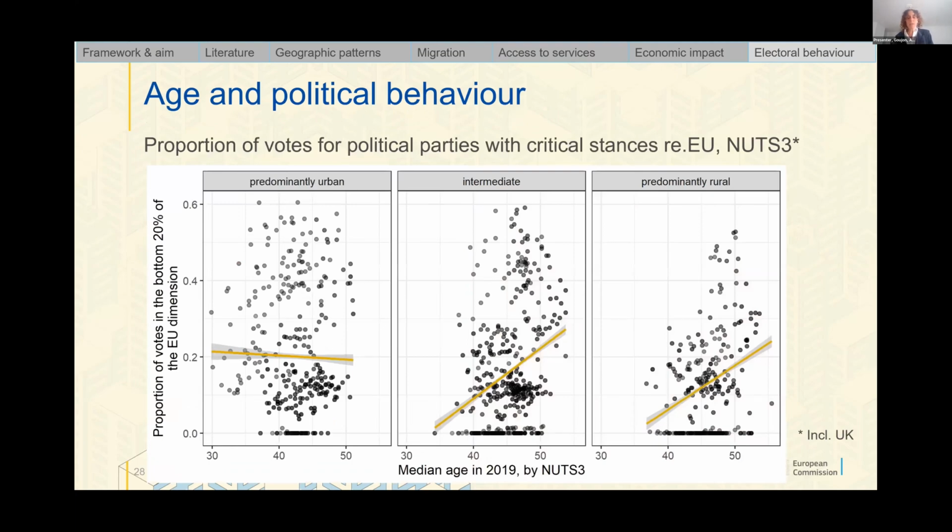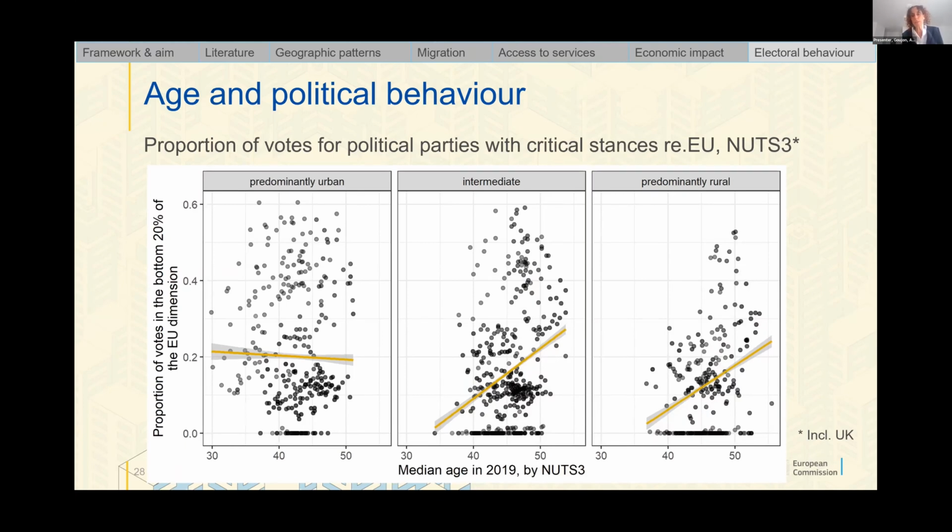We see, when we look at voting behavior, and this is in the framework of a European parliamentary election, the median age of those who vote for political parties that have critical stances regarding the EU, and this is again at NUTS3 level, so each dot on this graph represents a NUTS3 region.